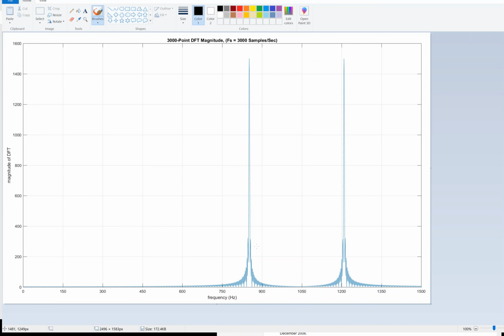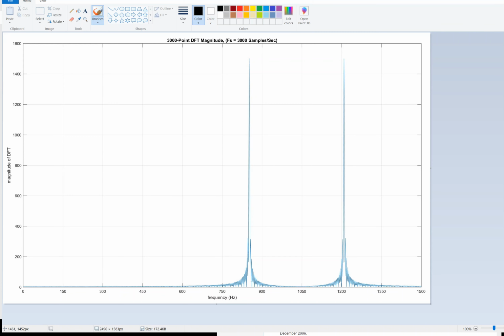Now, you might ask, why is it that you have energy over here? Why is it spread out a little bit? Why isn't it just an impulse at those two frequencies, because you really don't have frequencies anywhere else? Well, you have to remember the difference between aperiodic and periodic signals. The signal that was sent had a beginning and it had an end.